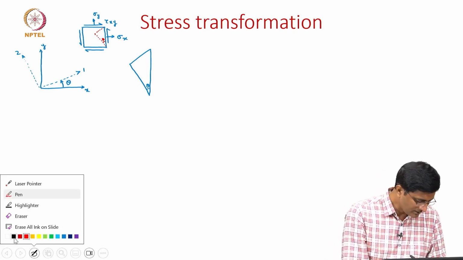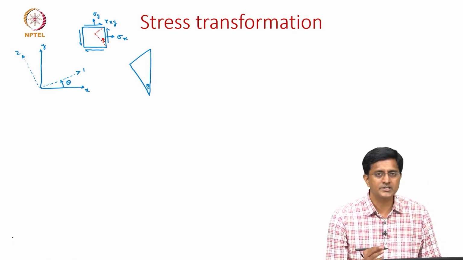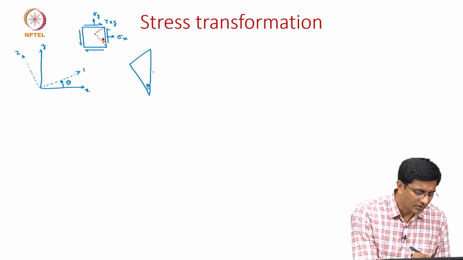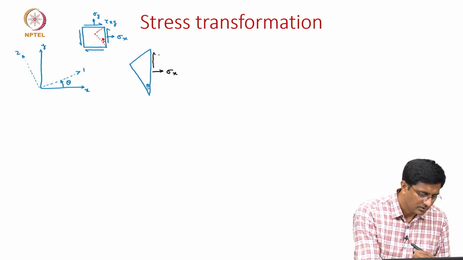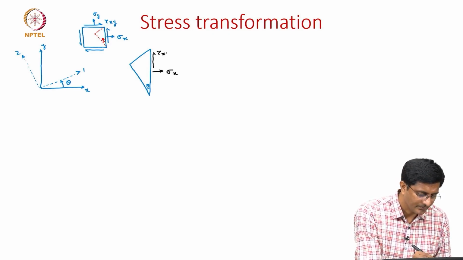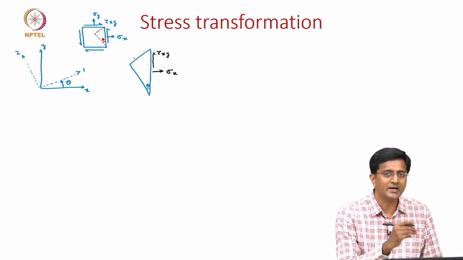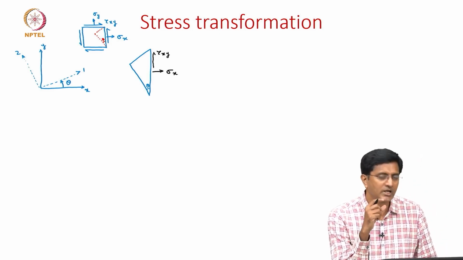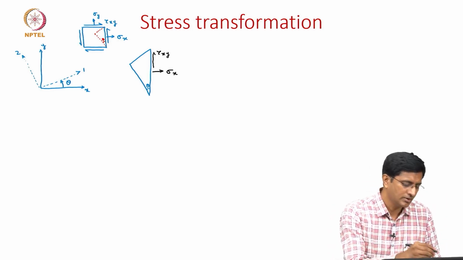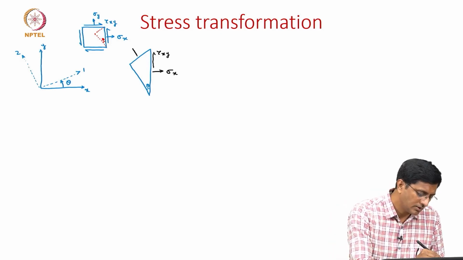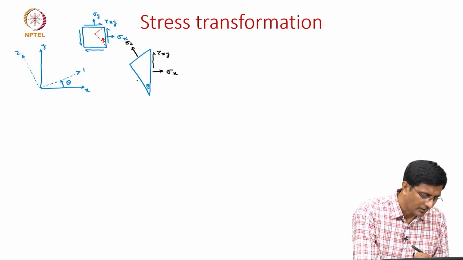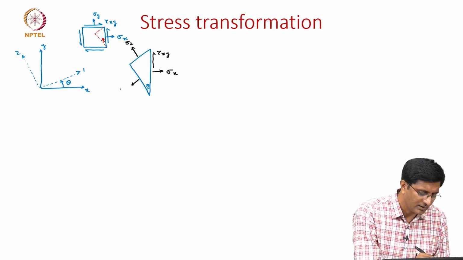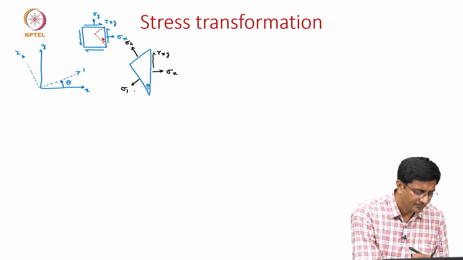Now, on this wedge let us show what are the stresses acting. On the vertical face we have this sigma x and the shear stress tau x y. But on the inclined faces, that is where we have the stresses coming from the material coordinates, such as here we will see the sigma 2 and on this inclined face we see the stress sigma 1.